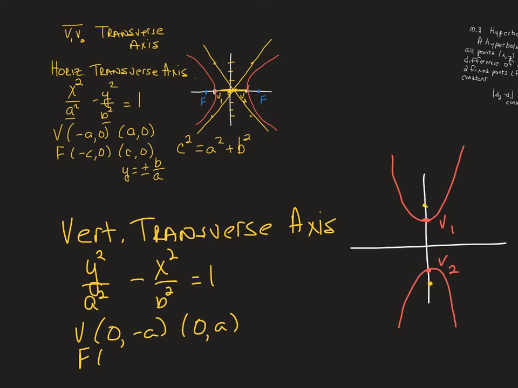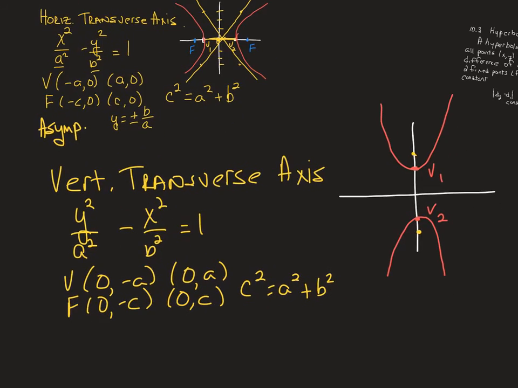Our foci are at 0, negative c and 0, c. c squared is again a squared plus b squared. And our asymptote this time is going to be y equals plus or minus a over b x. I'm sorry, I didn't put the x there, because that's the equation of a line.